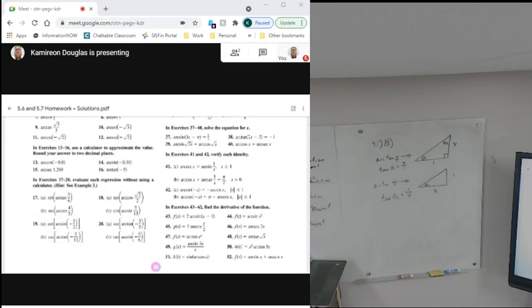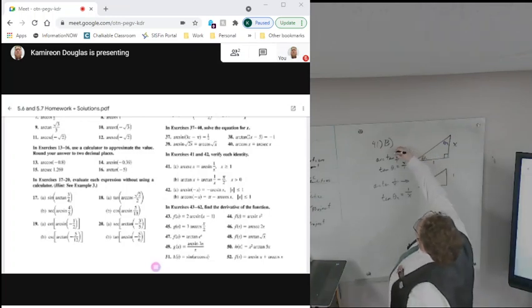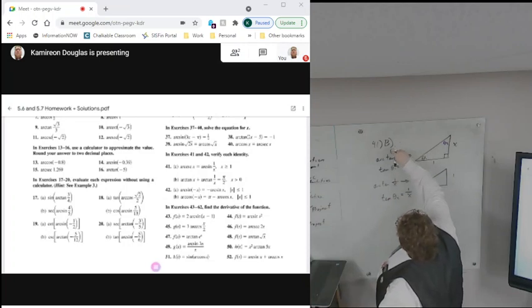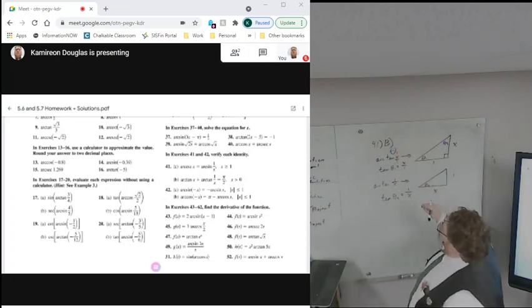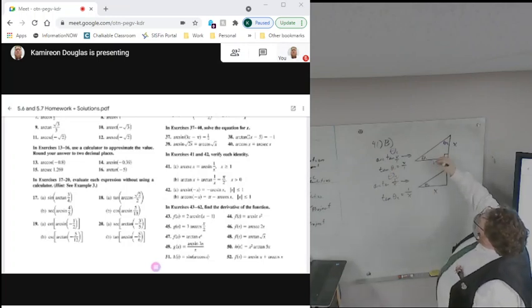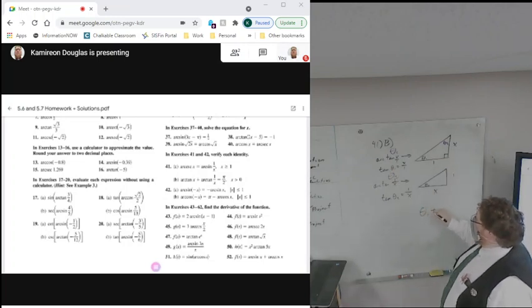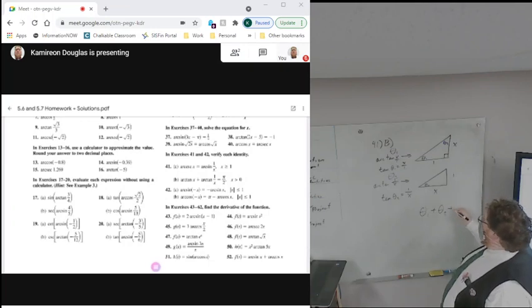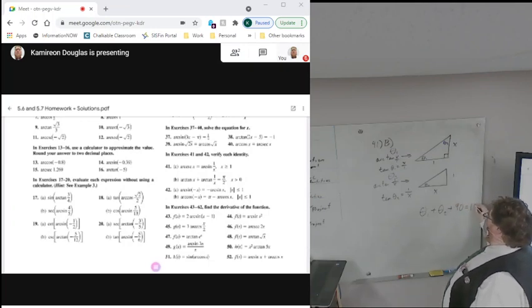Why is that so important? Because the question asks us about what happens when I take arctangent of x plus arctangent of 1 over x. Well, as a reminder, arctangent of x I have defined as theta 1. Arctangent of 1 over x I have defined as theta 2. If we look at this picture, theta 1 plus theta 2 plus 90 should always equal 180.